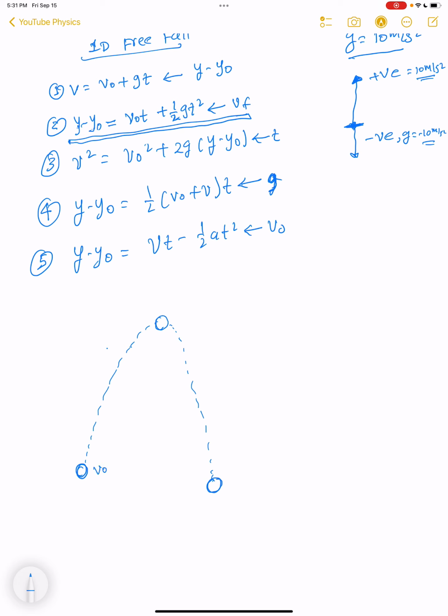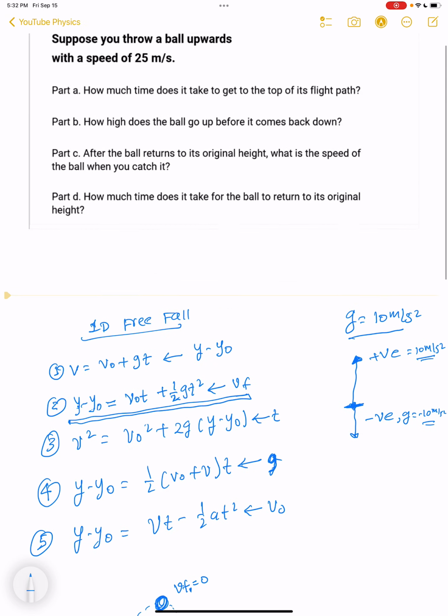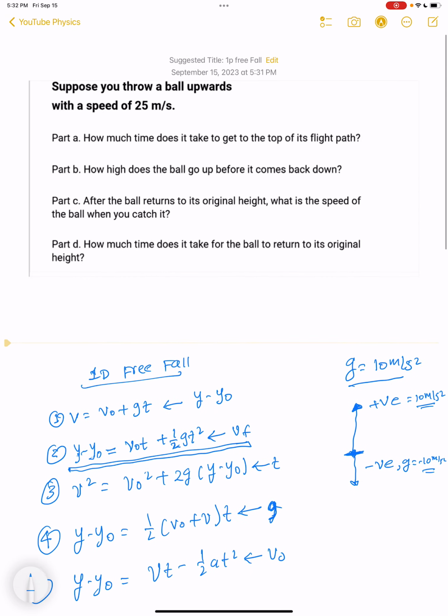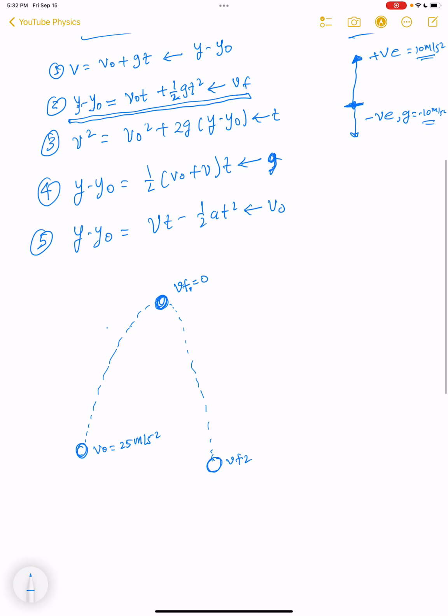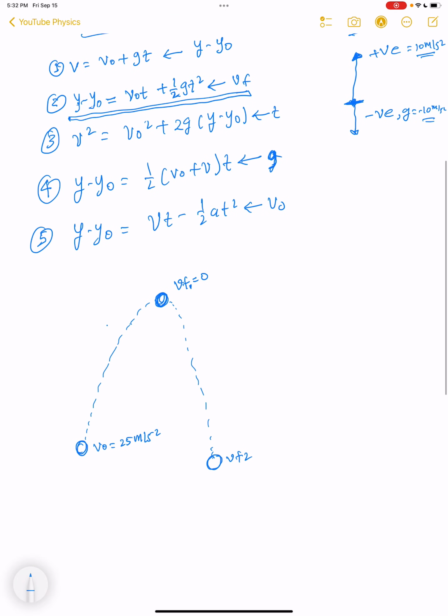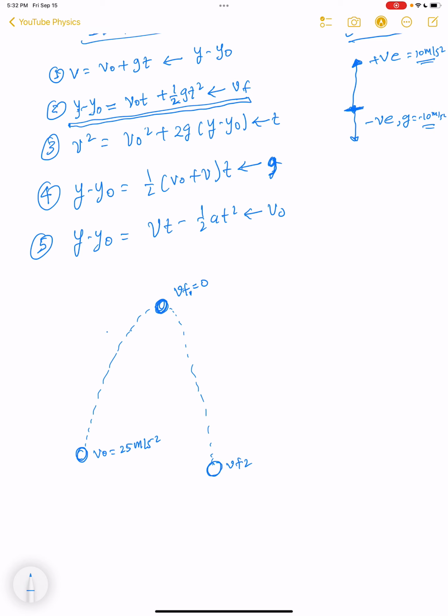So you have an initial velocity of 25 meters per second, and it's going to reach some height here, v final equals 0, and then ultimately it will come down here. We could call this v final 2, and this v final 1. This is when it returns. The first question is asking how long does it take the ball to get to the top of this height?